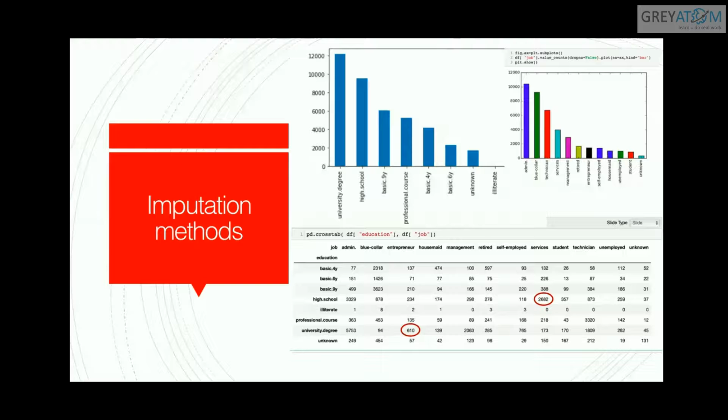We looked at education versus job and plotted those, instead of imposing all unknowns as university. We went with the job section and imputed accordingly: for each job, the education with the highest count was used to impute the unknown values.